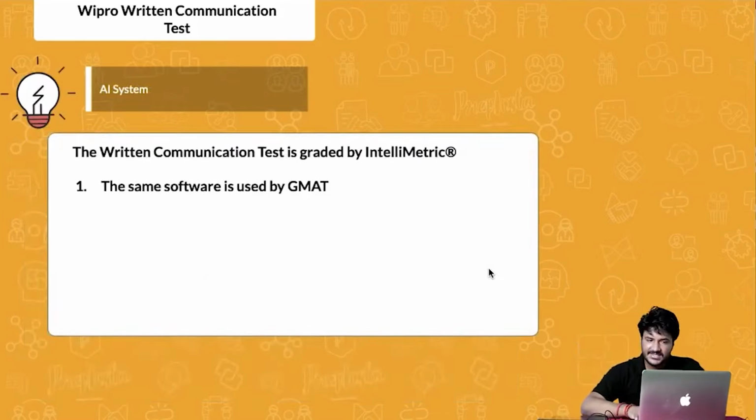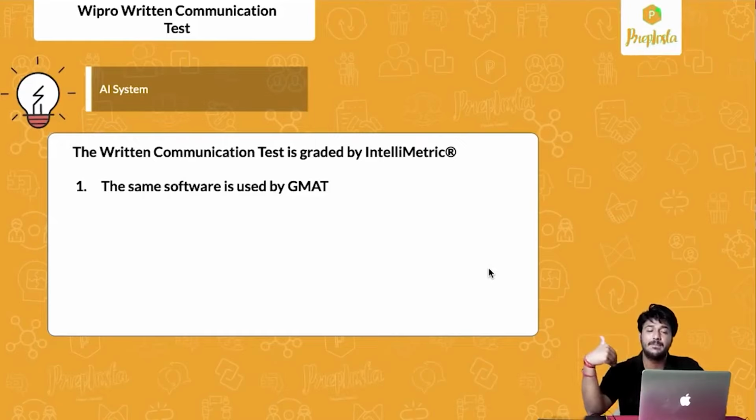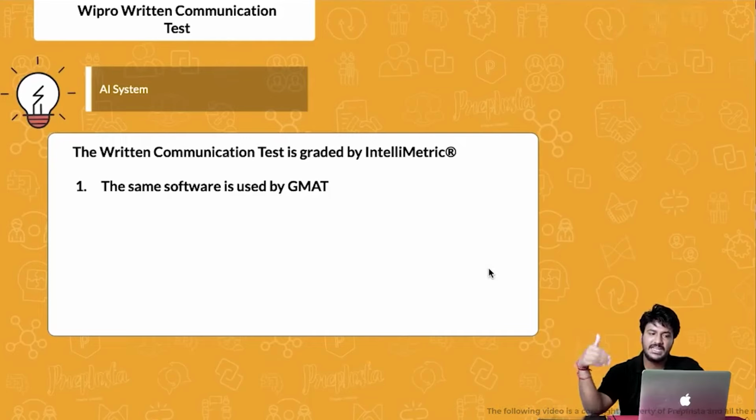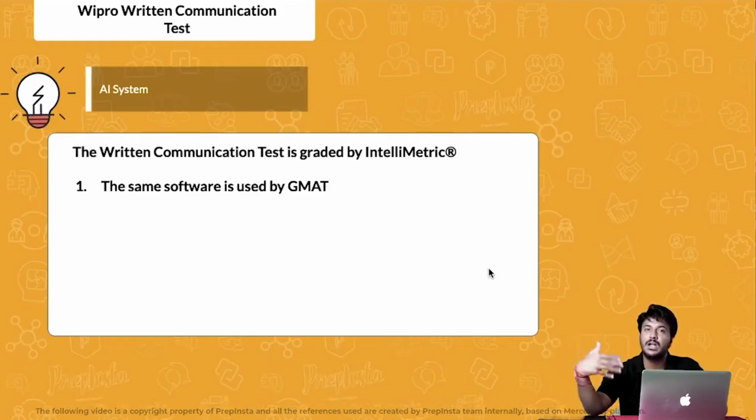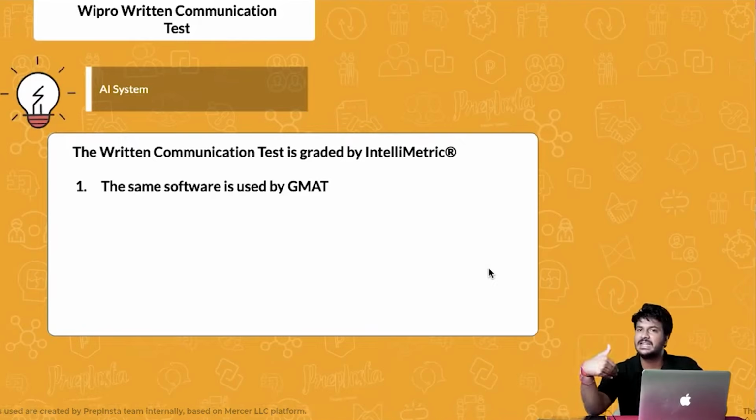The AI system is basically the exam, or the exam is outsourced to Intellimetric. Intellimetric is the same software which is used by GMAT. It's a very big company, and they use Intellimetric or similar software which grades the written communication test using the AI system that Intellimetric, which is a registered company, has developed. Intellimetric has developed an AI system which is able to understand the meaning of your essay that you've written, and not just that, it deducts points, gives points, understands the meaning, understands the idea.